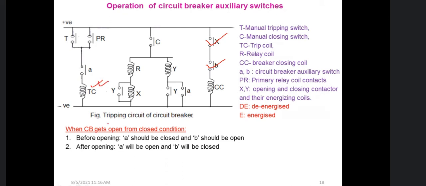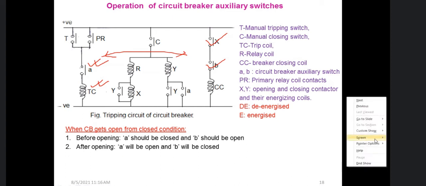To energize the trip coil, this A contact should be closed. Now this A and B contact are complementary in nature. If one is closed, then another should be open. Otherwise, two operations will tend to happen at the same time. So they are interlocked. If A is open, automatically B will be closed, for a circuit breaker.